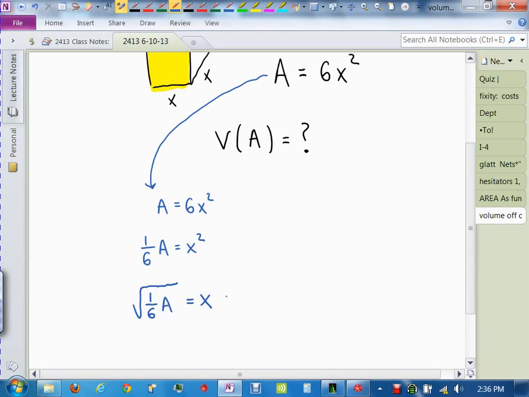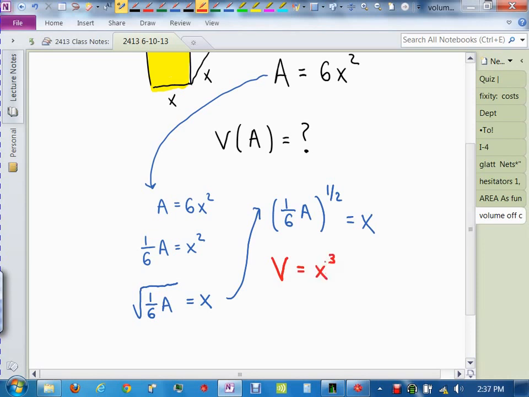Now, just for the sake of understanding radicals, do you agree with this? The square root is the same as raising something to the 1/2. Now, let me come back and I'll do it in red here below this. What did we say the volume was?